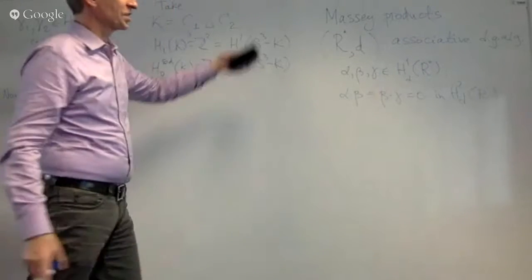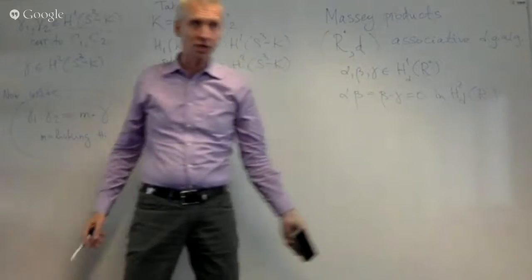So you take a differential graded algebra such as the cochains. Later this will be the algebra of cochains. Okay?